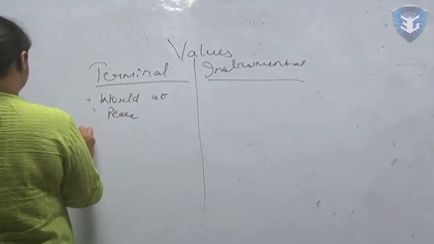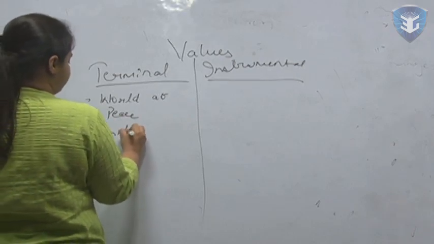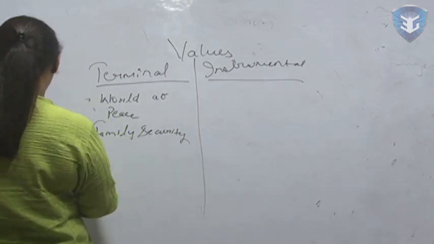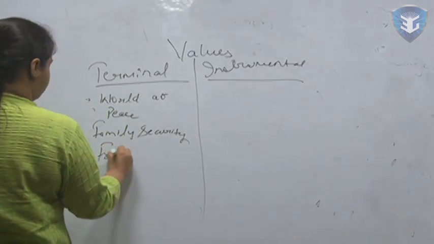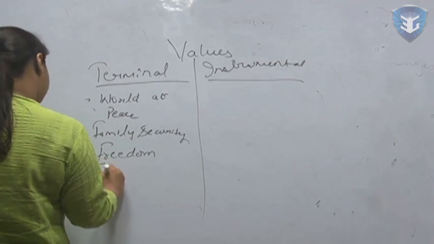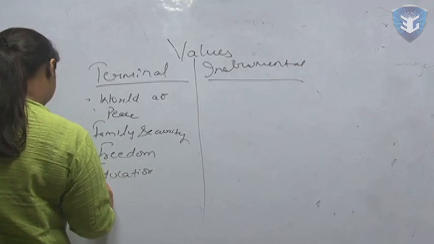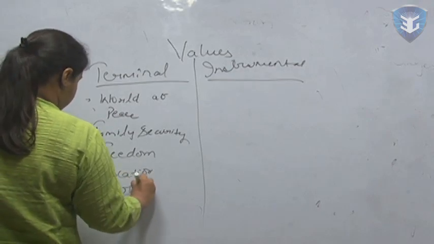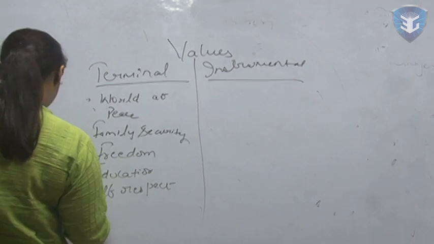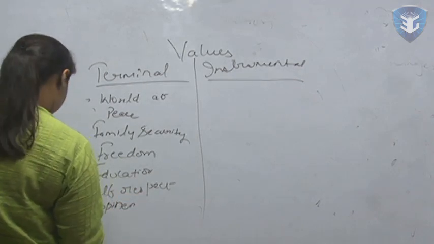This is a very general thing. Second is to wish for someone's family security. This is again generic. Third, national freedom. Fourth, education. Self-respect. Happiness and wisdom.